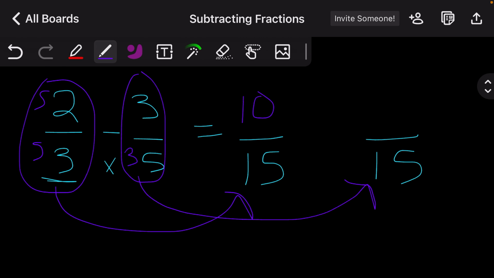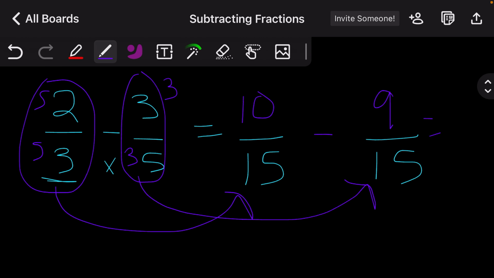We changed it from 5 to 15. So we have to maintain the integrity of the fraction to make sure that we don't change the value of it. We have to also multiply the numerator by 3. And so that's going to give us 9. And we leave our subtraction sign.